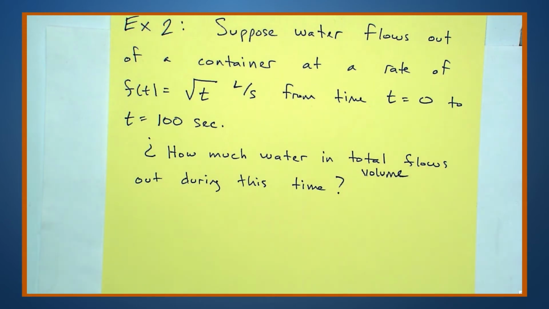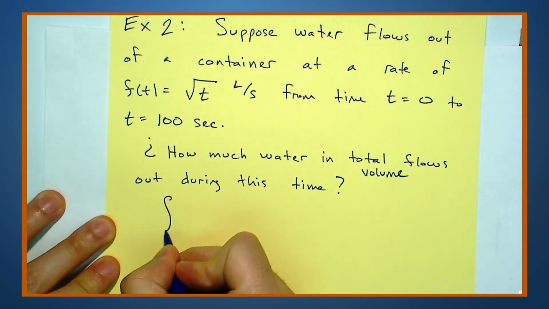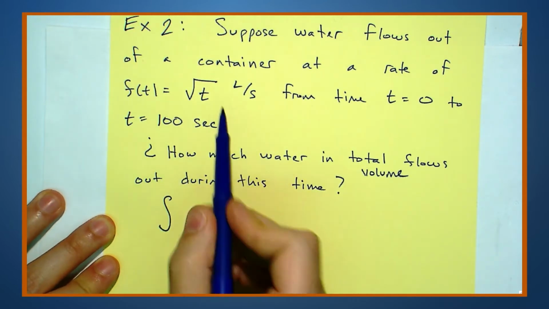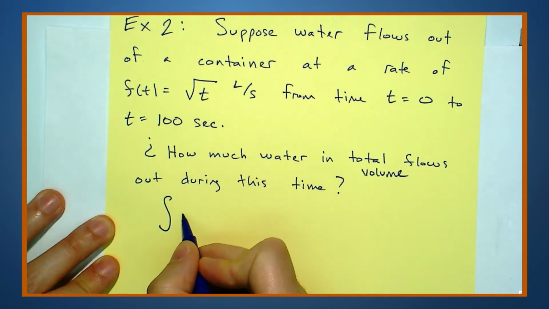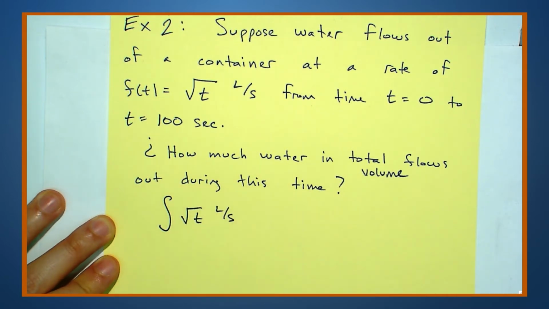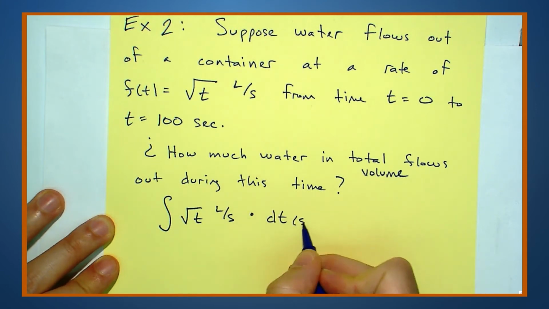Remember the idea from calculus that an integral is basically a sum. An integral is shaped like an S because S stands for sum. We want to sum up all these flow rates in terms of square root of t liters per second times dt, which is in units of seconds.